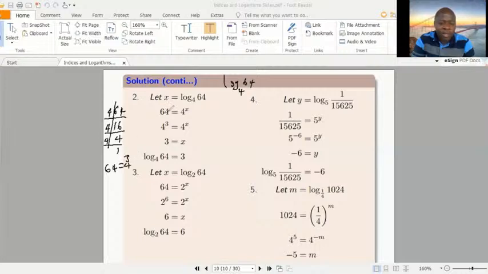That's what I wrote here. And so 4 raised to 3 is the same as 4 raised to x. The bases are the same, 4 and 4. That means we can now equate the powers. 3 is x.